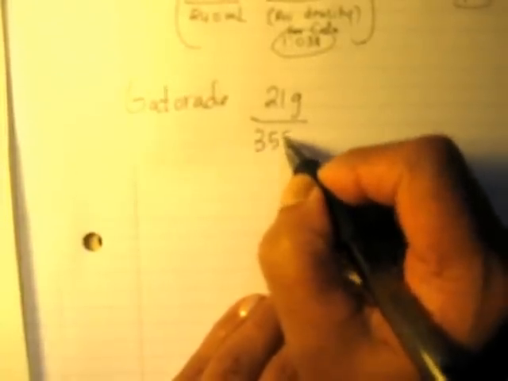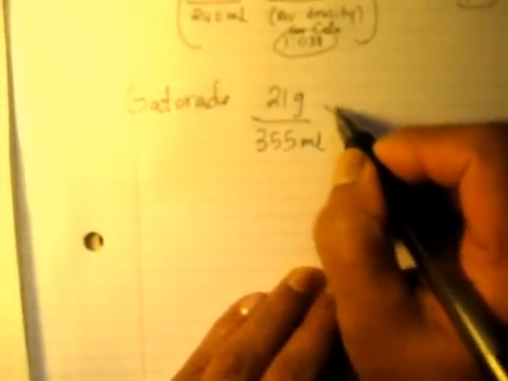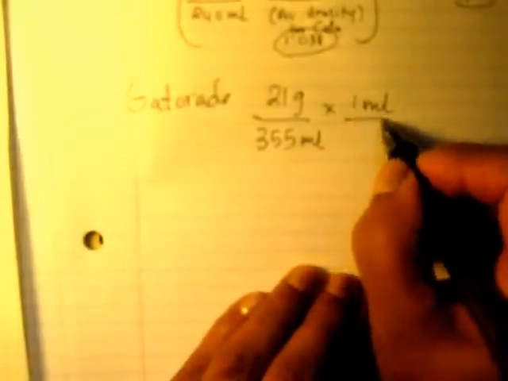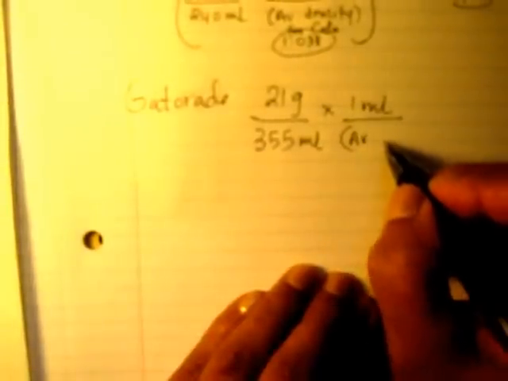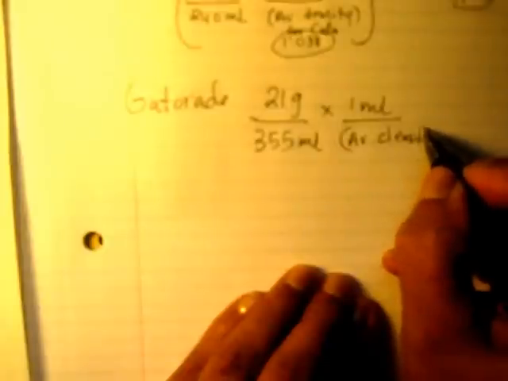So if it is Gatorade, the label value is 21 grams over 355 milliliters, times 1 milliliter over the average density of your Gatorade, and the whole thing times 100.